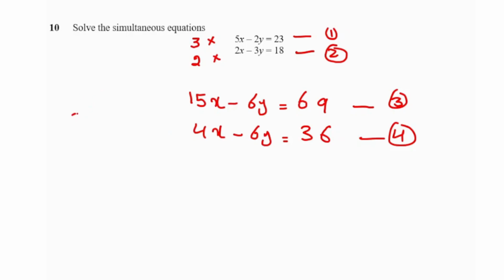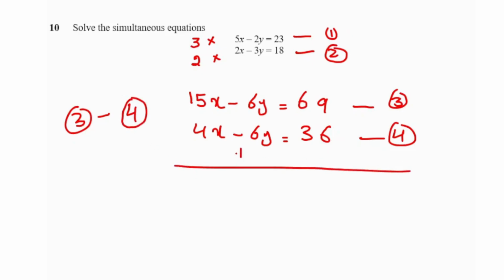We're going to do equation number 3 take away equation number 4. When we are taking away, we're going to change this sign. So this was plus, we're going to take it negative, and this one is negative. So minus 6y and plus 6y cancel out.